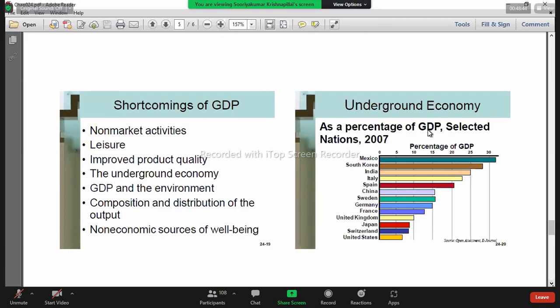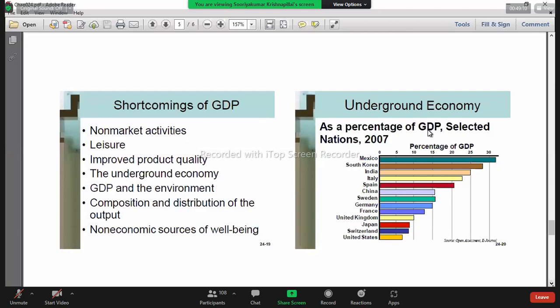Every day you are cooking and washing many things, but that is not paid, so that will not be counted in the GDP calculation. So then our GDP is underestimated. We didn't count these things, so that is one shortcoming.